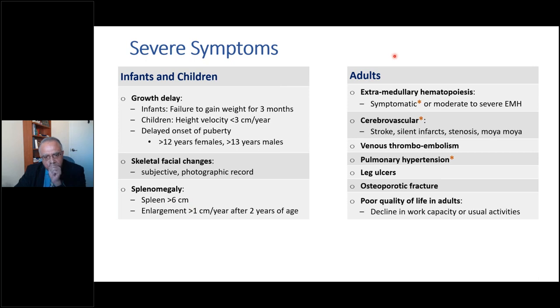On the adult side, it is mostly the development of complications, such as extramedullary hematopoiesis, cerebrovascular complications, thromboembolic complications, pulmonary hypertension, leg ulcers, osteoporotic fractures, and of course, poor quality of life, which leads to a decline in the work capacity or usual activities.